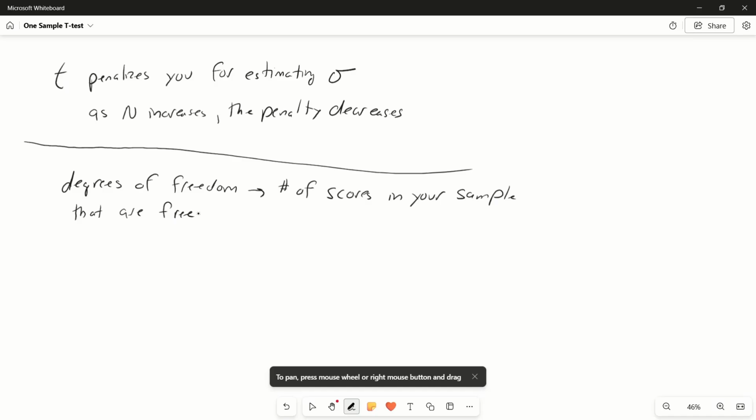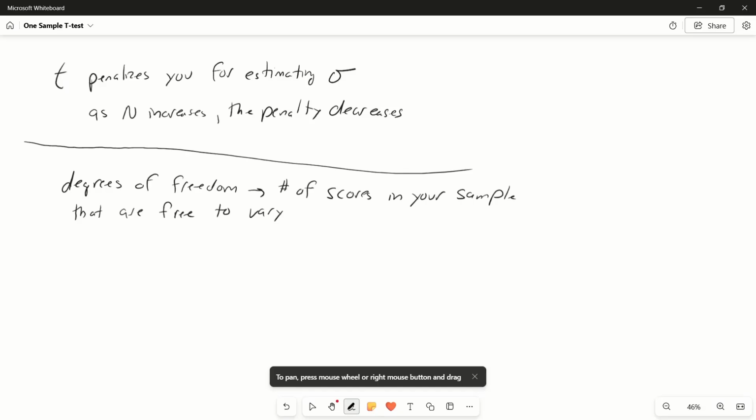This is a bit of an abstract concept, but it's kind of like if you know most of the information, then the last piece of information gets fixed.